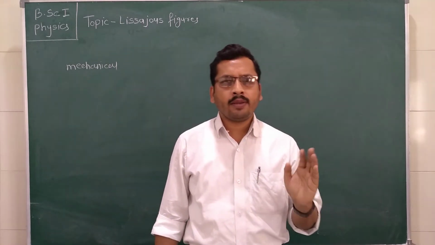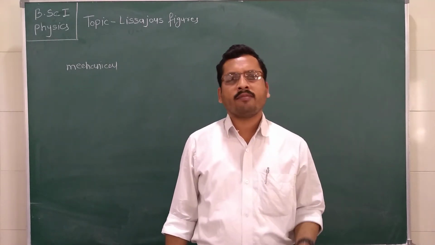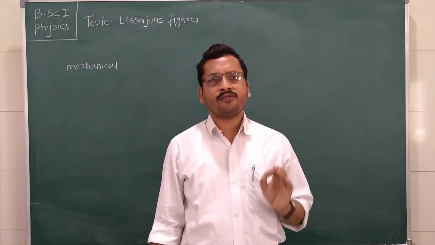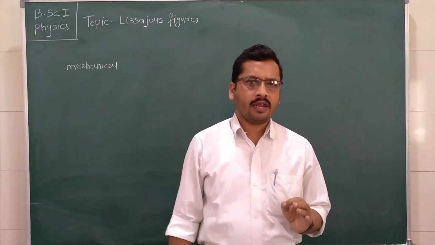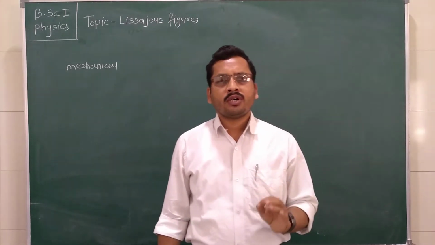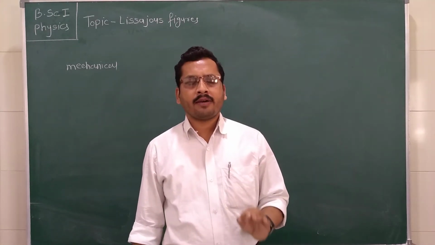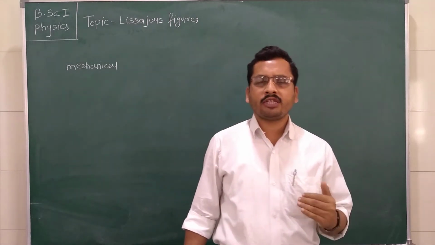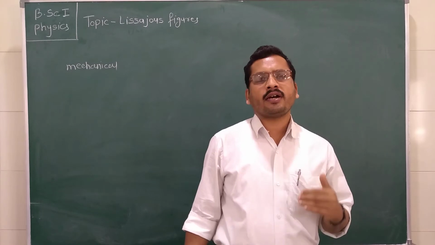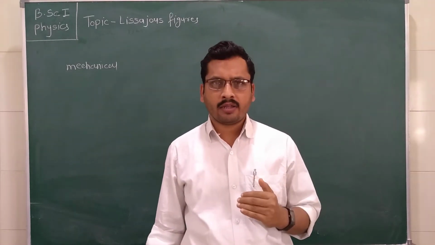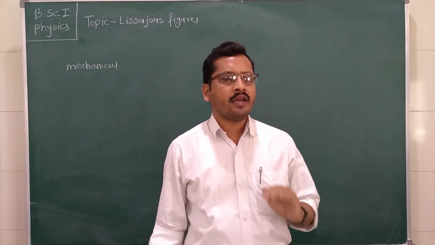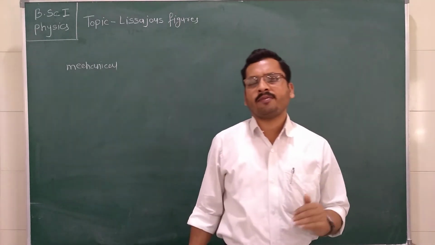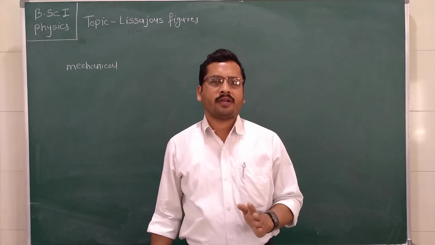When they superimpose with each other, they form the same figures as we studied in the earlier lecture. When the phase difference between the two simple harmonic motions is pi by 2, we get a symmetrical elliptical path followed by a particle when two mutually perpendicular SHMs act on that particle.